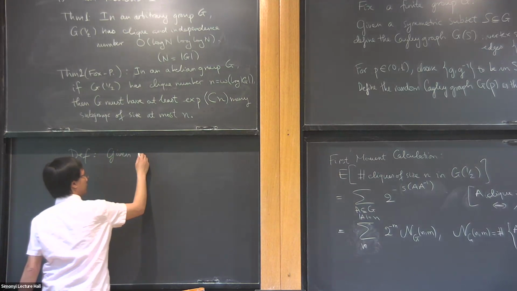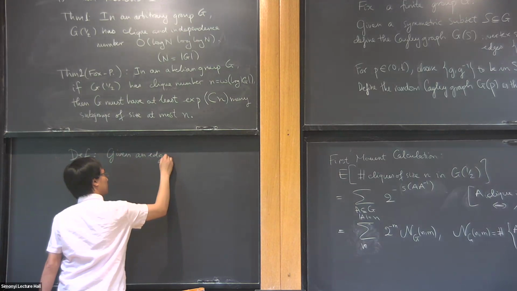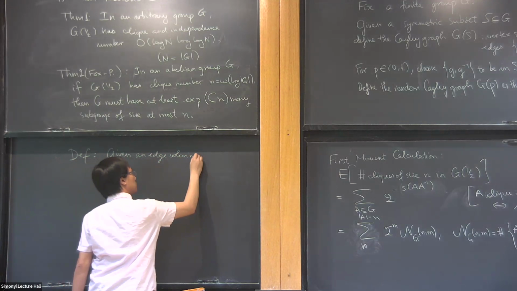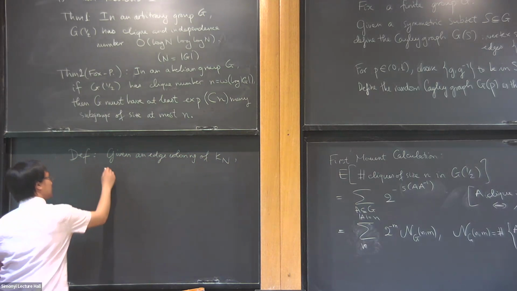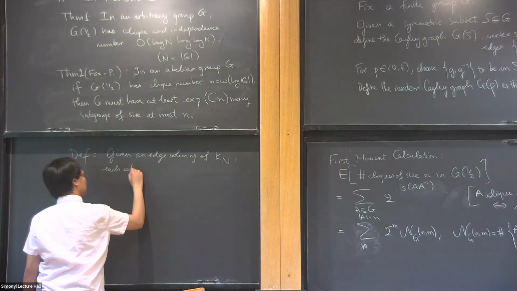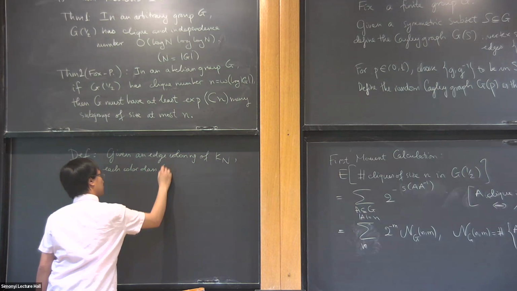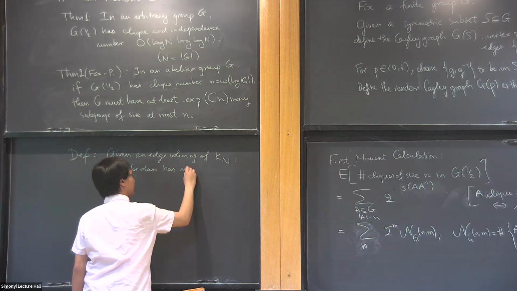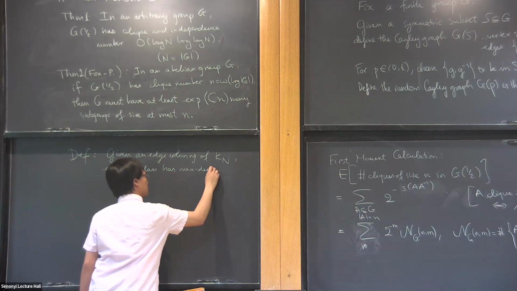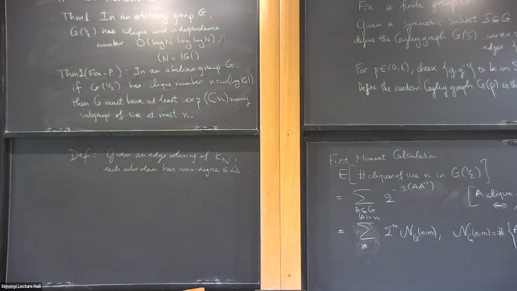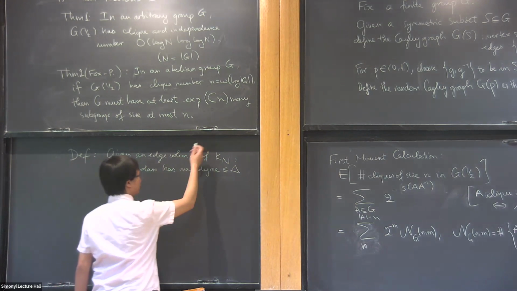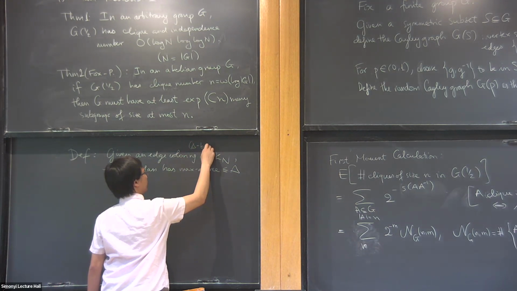We are given here an edge coloring of Kn, and we assume that each color class has max degree at most some parameter delta. I'll usually call this a delta-bounded edge coloring.